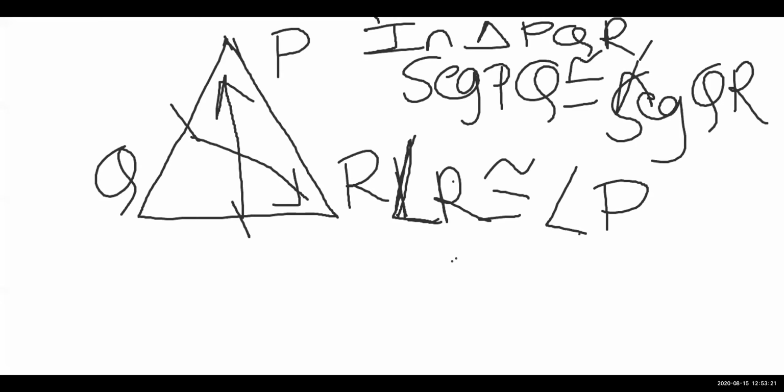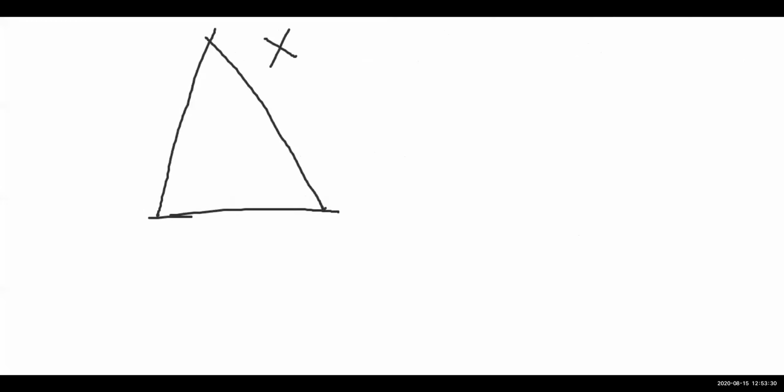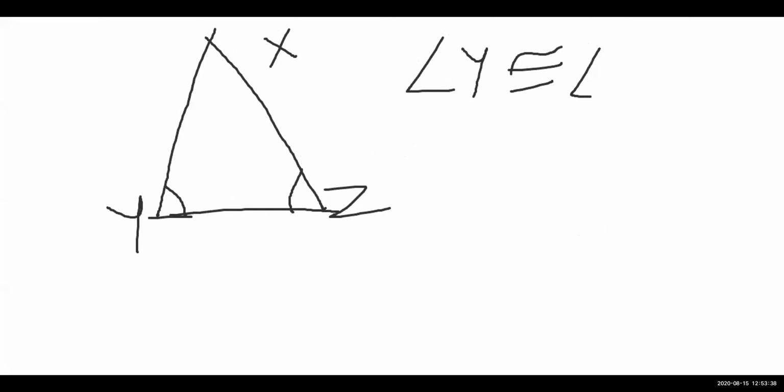Now one question on the basis of the converse. Angle Y is congruent to angle Z. These two angles of triangle XYZ are congruent. Then by applying the converse of the isosceles triangle theorem, which sides will be congruent?